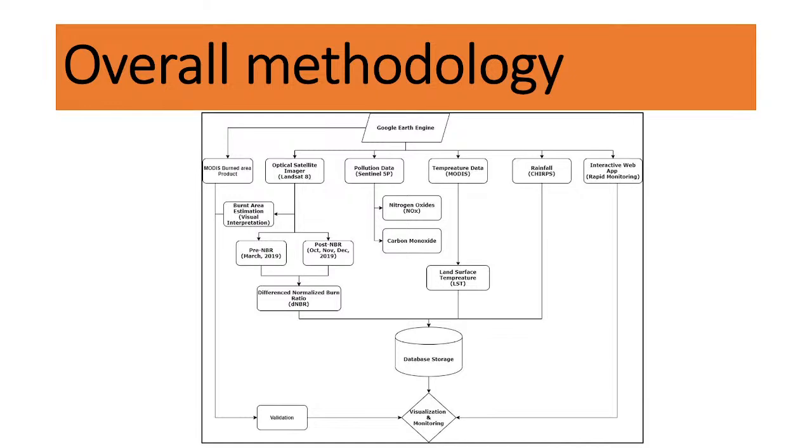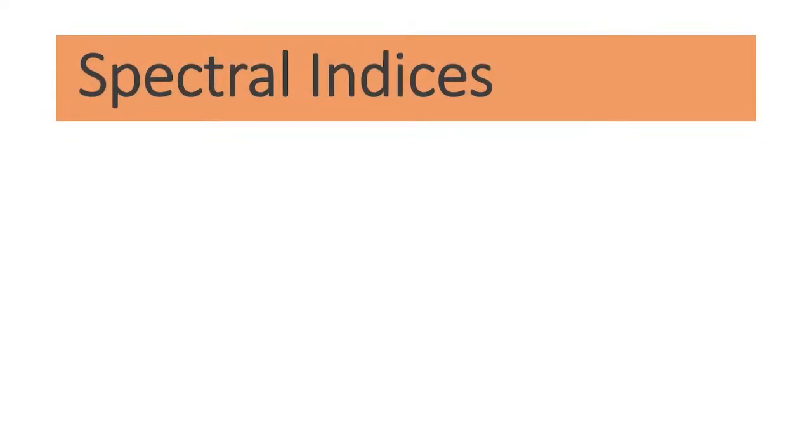For air quality monitoring, we are using Sentinel-5 satellite imagery to get nitrogen dioxide and carbon monoxide. For temperature, we get the data from the MODIS land surface temperature dataset. And we are also using rainfall data. These datasets we can easily get from the CHIRPS dataset. So let's go through all of those things step by step.